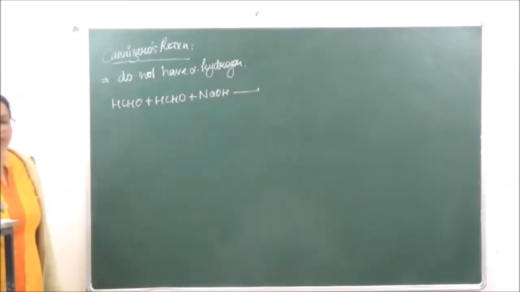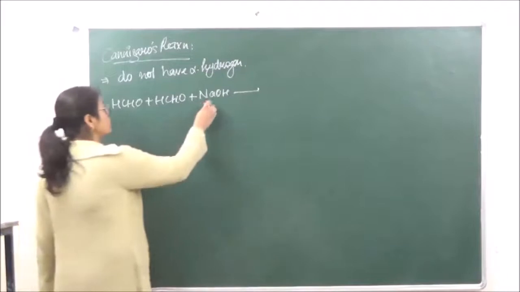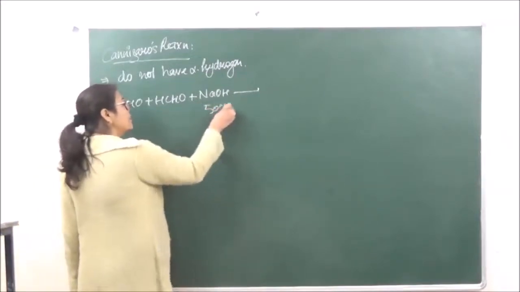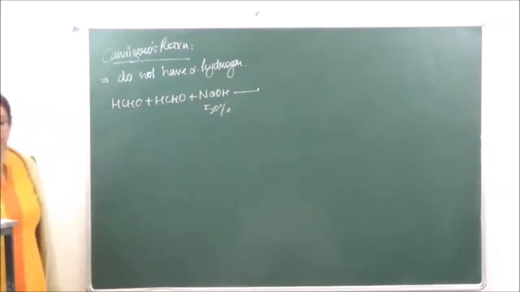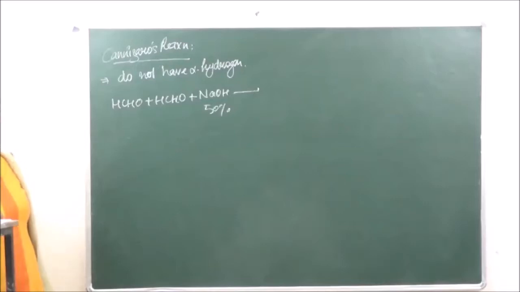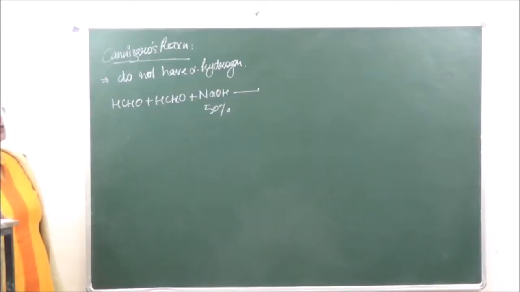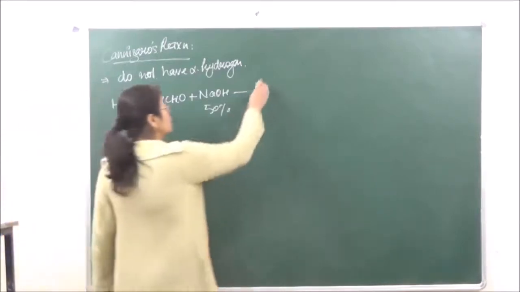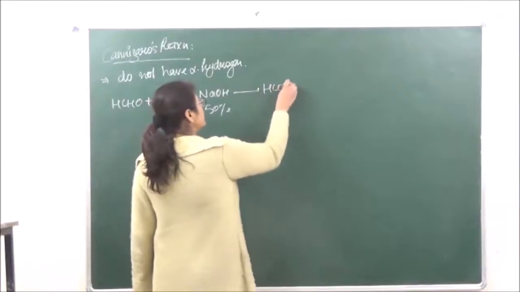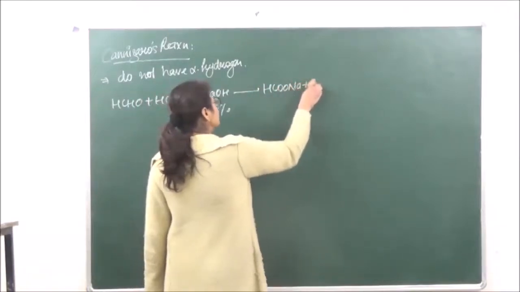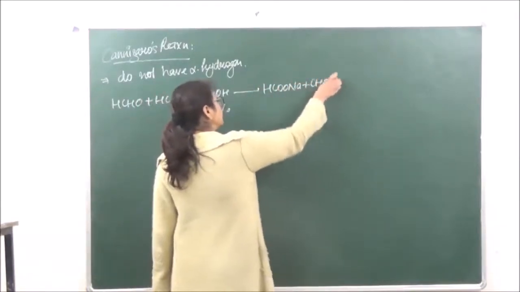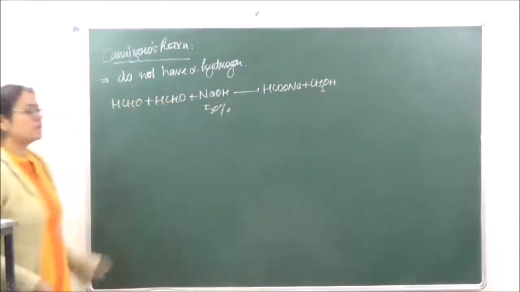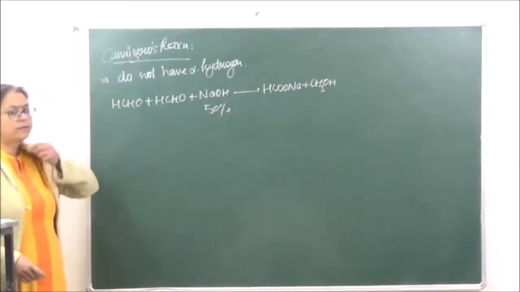We can also do it with KOH. The concentration of NaOH which we are taking over here is a 50% solution of sodium hydroxide. We can get only two compounds over here. One is going to be an alcohol and one is going to be a salt of sodium. So the compounds are going to be HCOONa plus CH3OH.